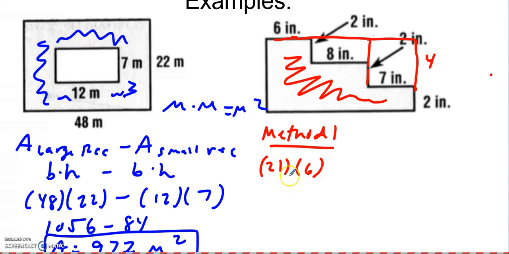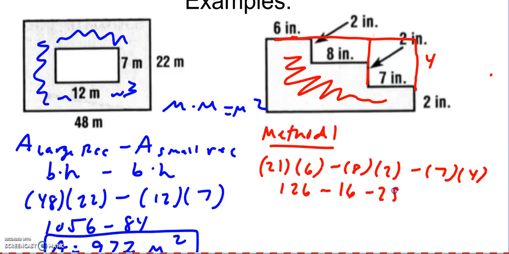So the area of the entire rectangle will be 21 times 6, which is 126 units, but then you'd subtract off both rectangles. This rectangle has a base of 8 and a height of 2. This rectangle has a base of 7 and a height of 2 plus another 2, or 4, which is written here. So 126 minus 16 minus 28 would get you an area of 82 inches squared.